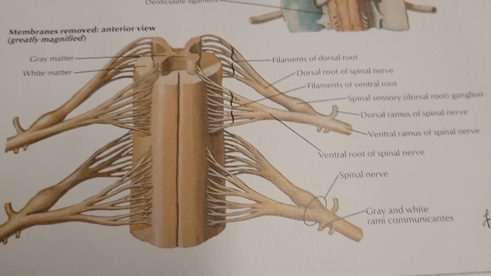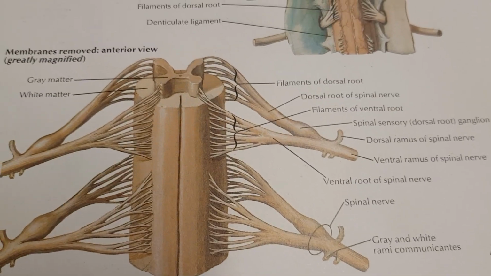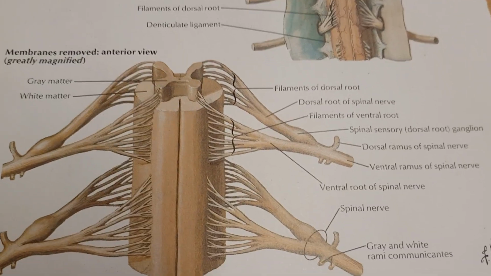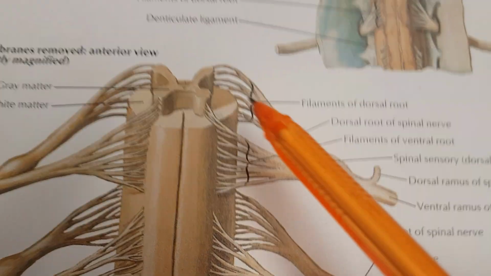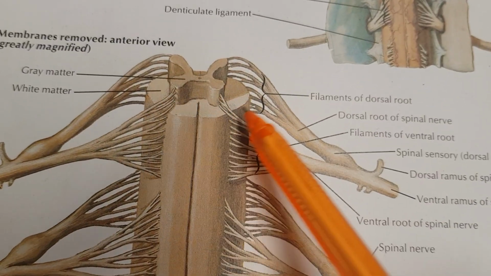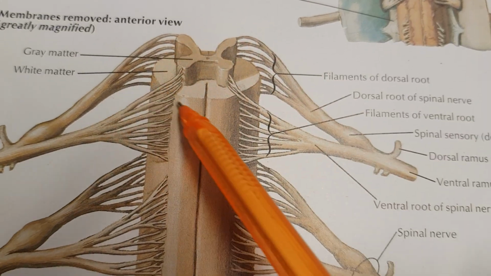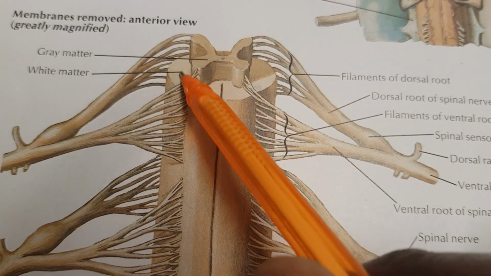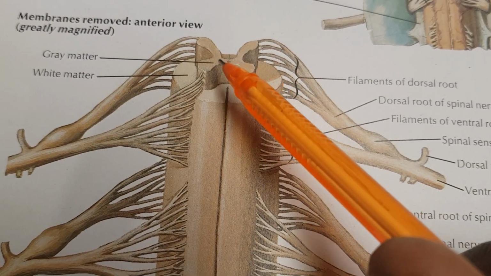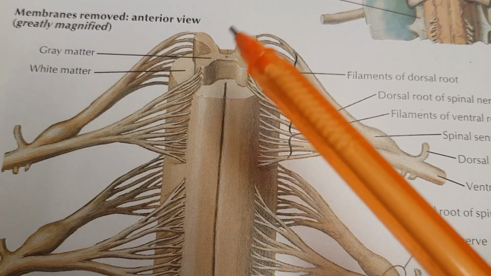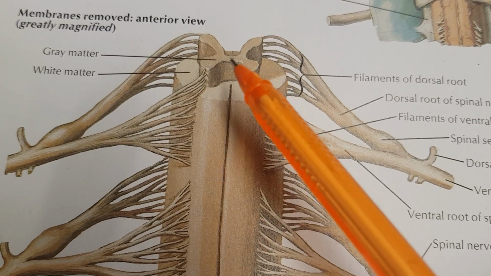Right, when we look at the peripheral nerves, this is the spinal cord. When we look at the center of the spinal cord, this is the gray matter.